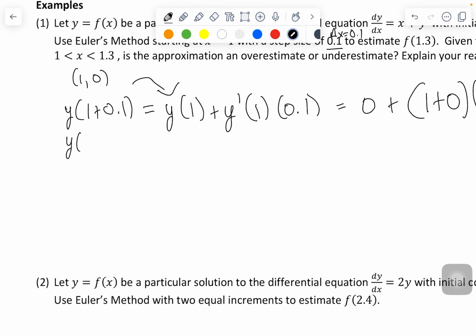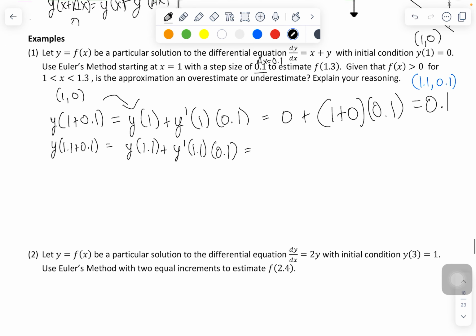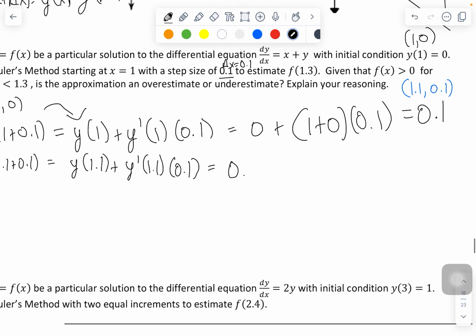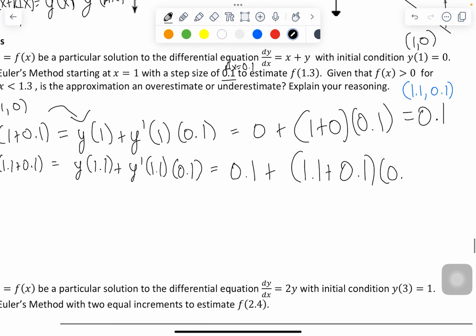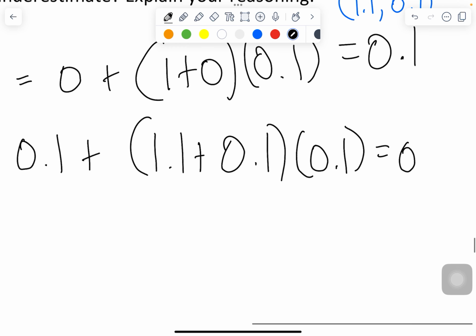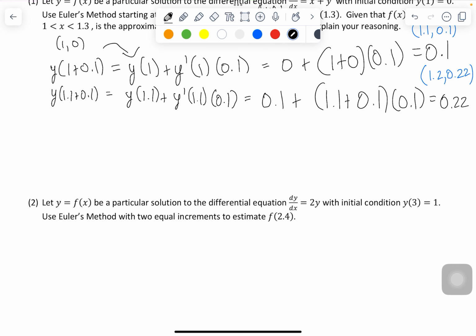So then we'll do y of 1.1 plus our delta x, which is 0.1. That's y of 1.1 plus y prime of 1.1 times 0.1. And we know that y of 1.1 is 0.1 plus (1.1 plus 0.1) times delta x, and this is equal to 0.22. So we can say that our second point is this, and now we'll readjust ourselves again.